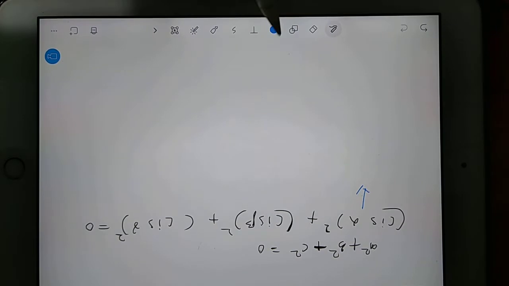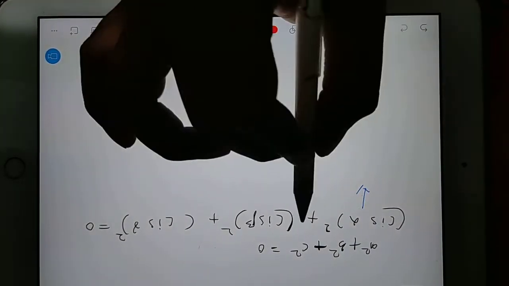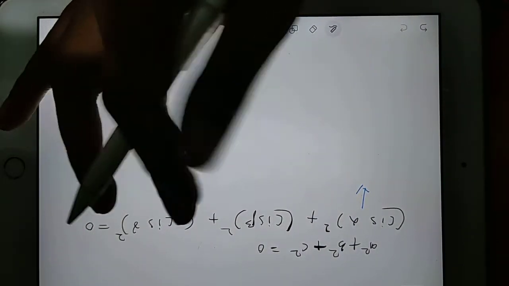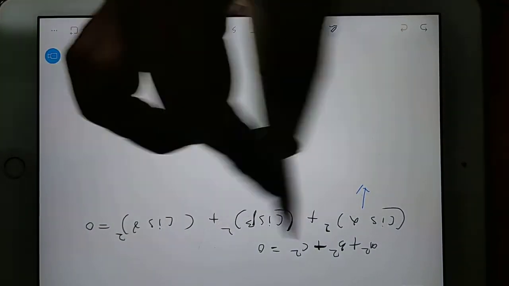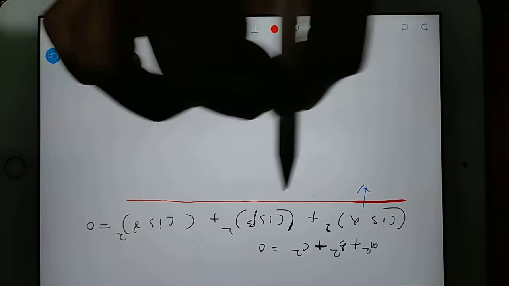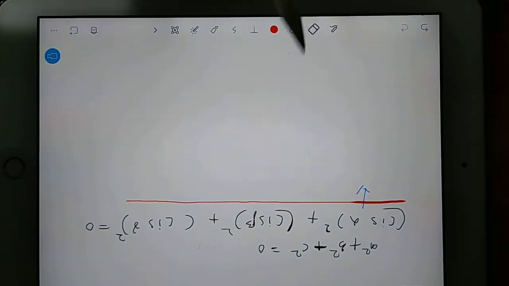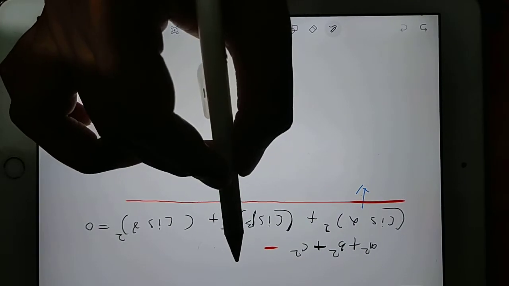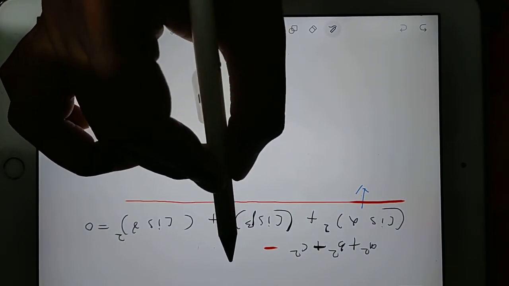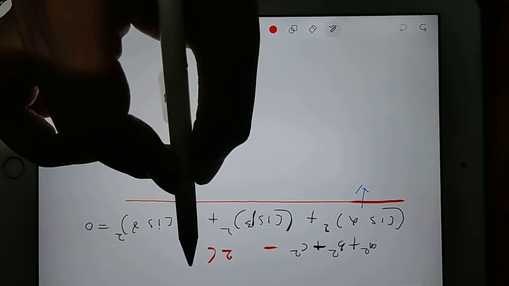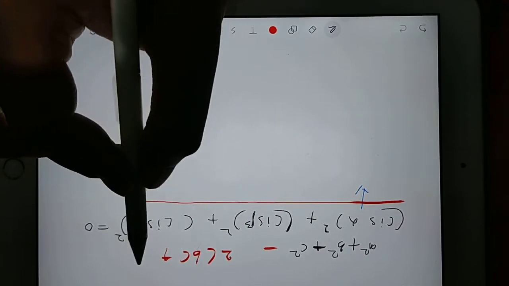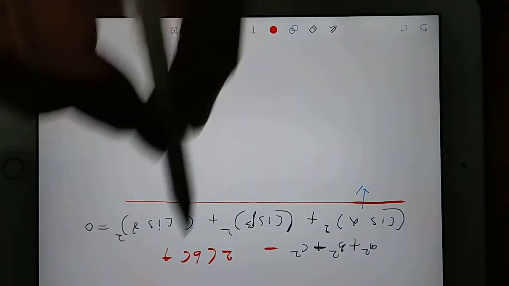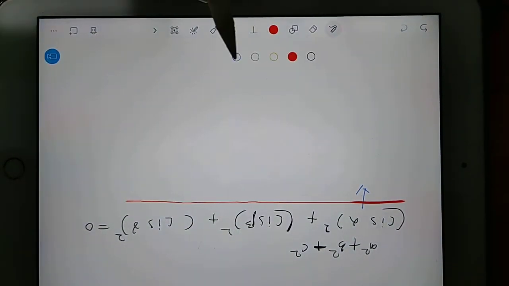Okay, now it will come. Now see here, these cis alpha square, cis beta square, cis gamma square values I can put here, and this total value is given as 2(bc plus ab...). Wait, this separate value we have got this much.